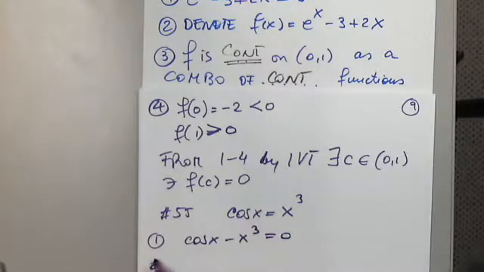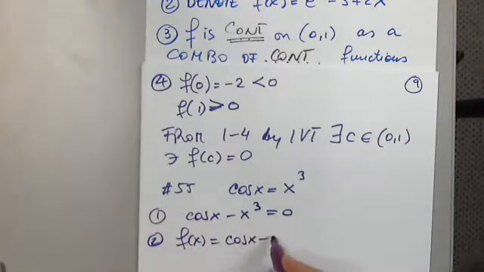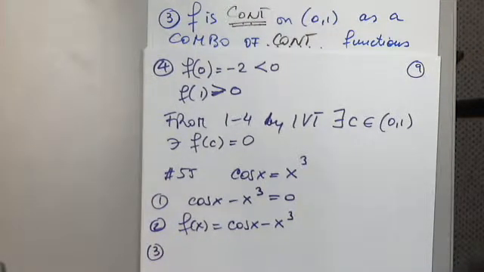Good. Step 2. Yes, my f of x is cosine x minus x to the third. Step 3. Cosine is or is not a continuous function? It is. Is x cubed always a continuous function? It's a polynomial. So then what will I say? F of x is continuous. This is part of the theorem. I have to write this.